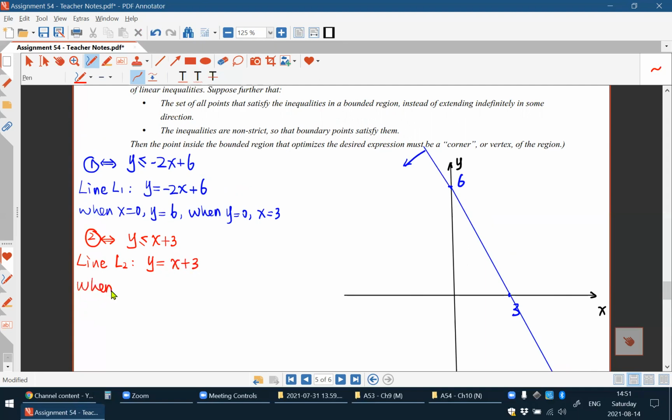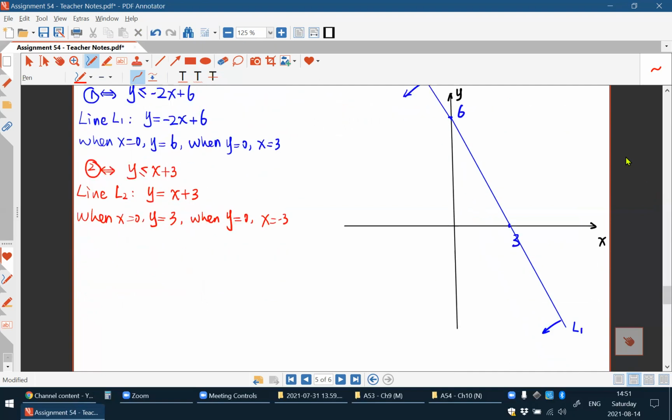And when x is 0, y is 3. And when y is 0, x, of course, equals -3, right? So second line passes through 2 points. The first point is 0, 3, which is about here. Next point is -3, 0, which is around here.